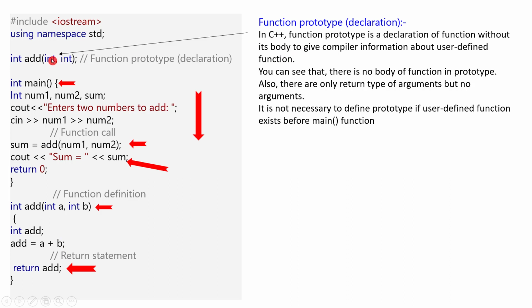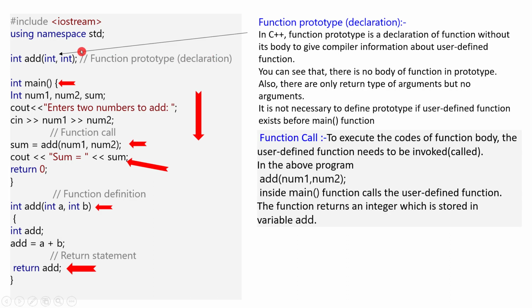So this is the function prototype we were discussing. I told you the forward slashes won't be read by the compiler; they are just information for the user. Then we have the function call. This is the function call inside the main program, so that the control will go to the user-defined function.